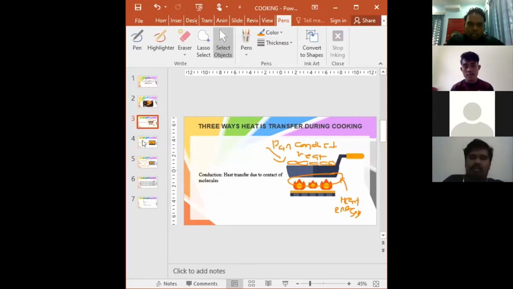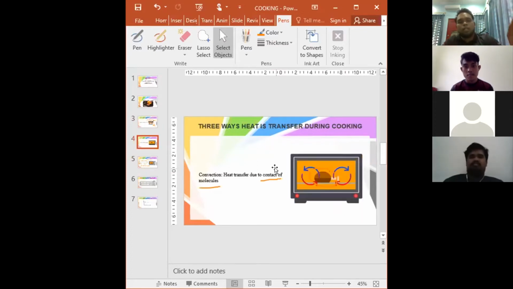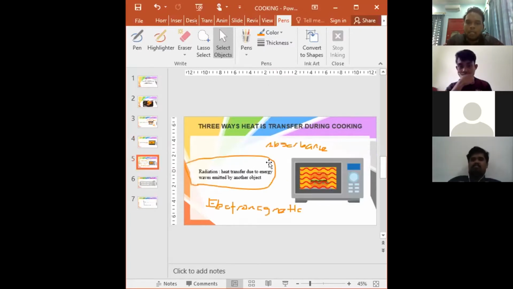Secondly, the heat is transferred through the food via convection. Lastly, the food transfers heat to the kitchen via radiation. So that is basically the mechanism of heat transfer during cooking.